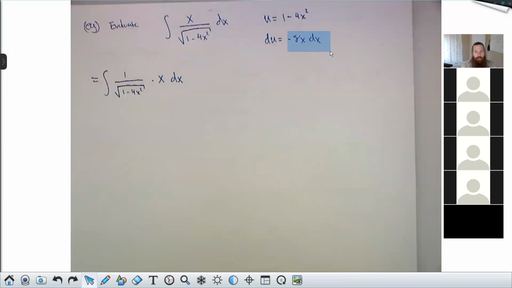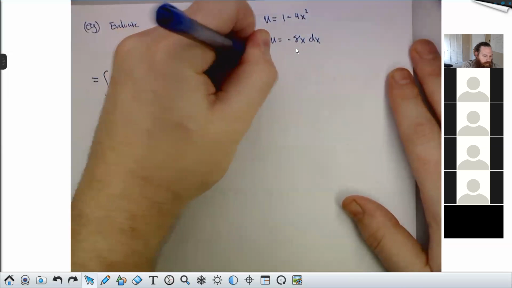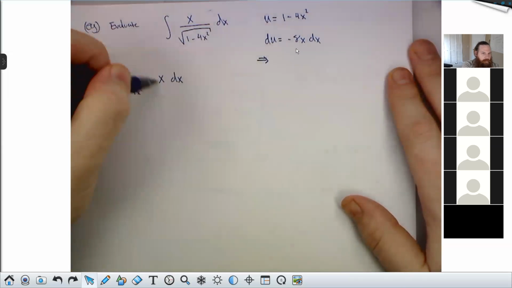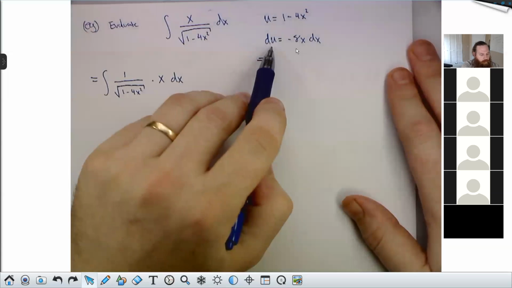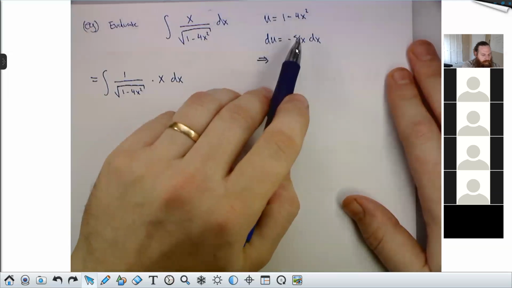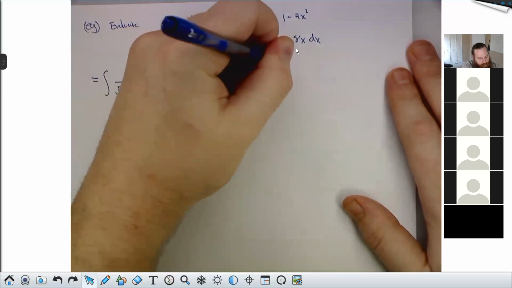It's off by a little bit. It's off by a factor of negative 8. So what I would do, and what I encourage you to do, you have an x dx to spare that you would like to get rid of. You know that du is negative 8 times x dx. So divide both sides by negative 8.